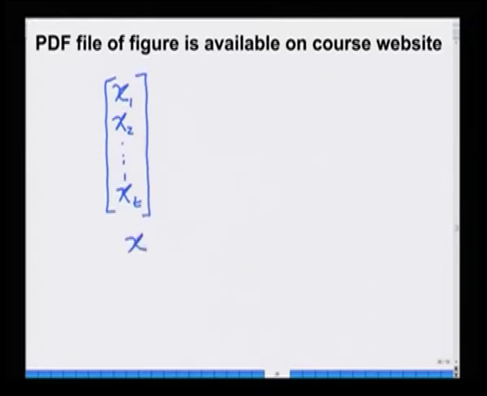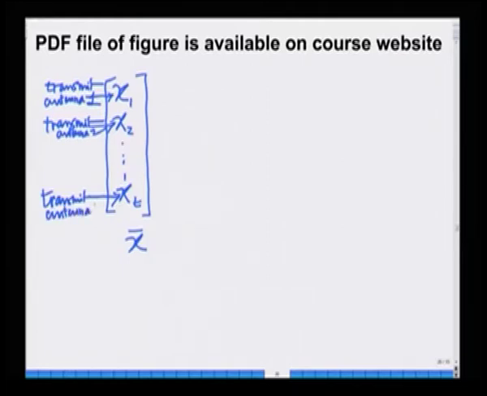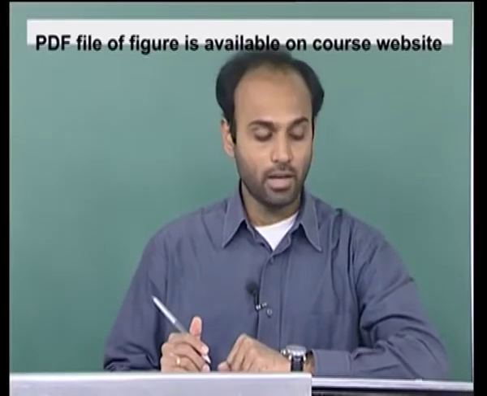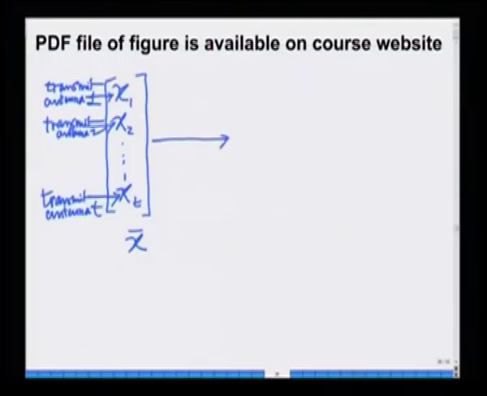This is a vector x bar, where X1 is the symbol transmitted from transmit antenna 1, X2 is from transmit antenna 2, and XT is from transmit antenna T. So, there are T symbols being transmitted from the T transmit antennas in parallel. These pass through the MIMO channel.